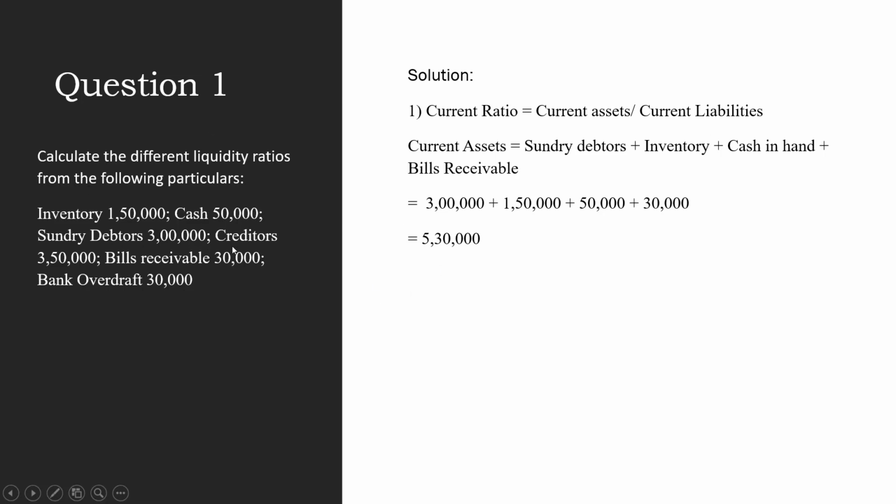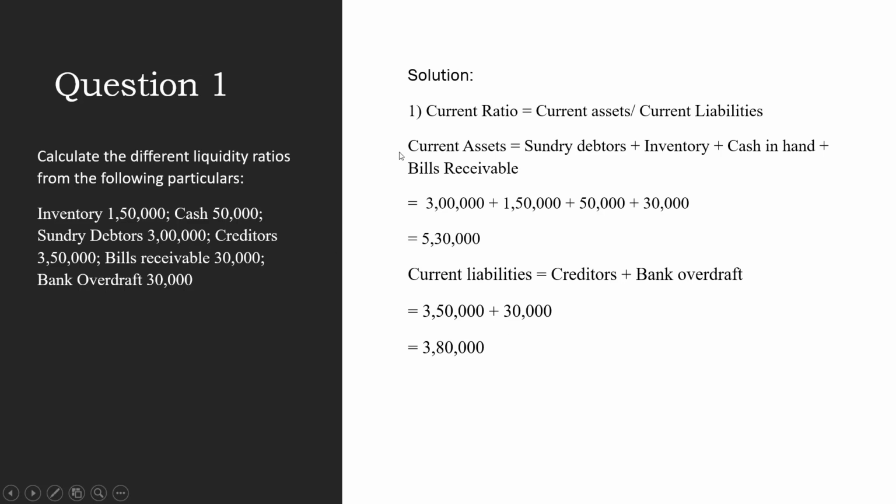Again, we have to find from here which are the current liabilities: creditors plus bank overdraft. Creditors is 3,50,000 and bank overdraft is 30,000, so 3,50,000 plus 30,000 gives you 3,80,000.